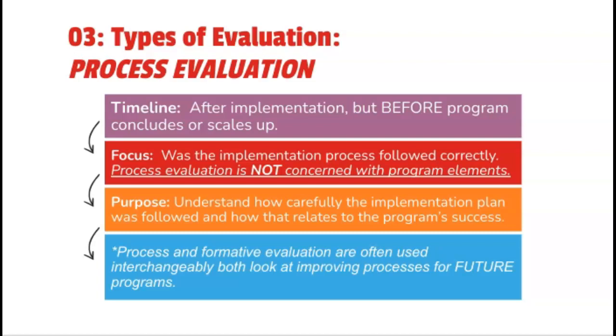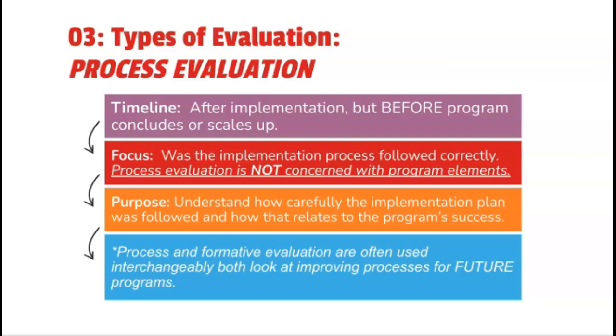So process evaluation looks at, did we follow the process? If we followed the process and something happened where things didn't work out how we expected, why? Or if we didn't follow the process, why did we choose to deviate from the process? This usually occurs right after implementation, but before the program rolls out on a large scale. So back to our Epic implementation, you might be looking at how is Epic implemented in, for example, the cardiology lab.